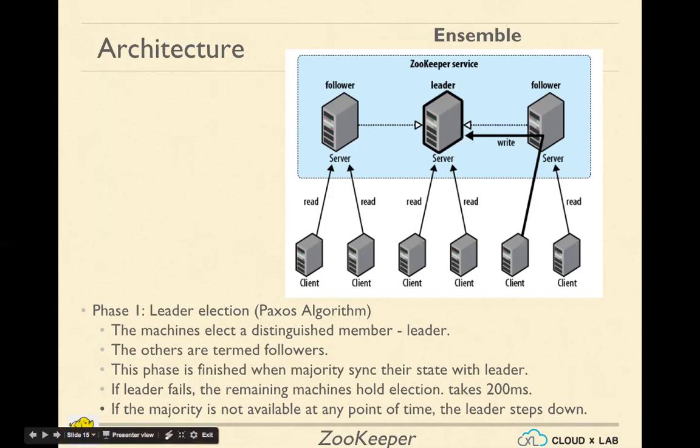Every Z node maintains a running sequence number, and whichever node has the highest running number has the best or most recent data.